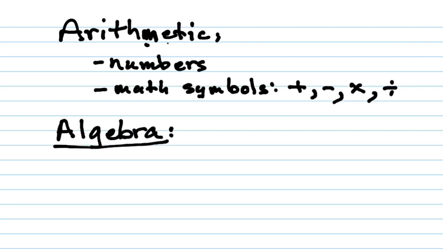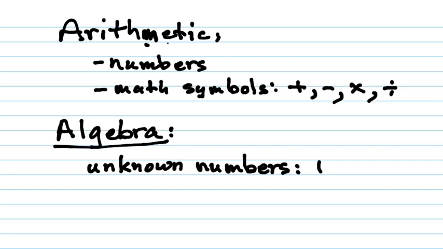Now, the only difference between algebra and arithmetic is the introduction of those unknown numbers. And because you don't want to write some unknown number every time, right? That's very difficult and it'd make it really ugly. What we do is we use letters to represent those numbers.